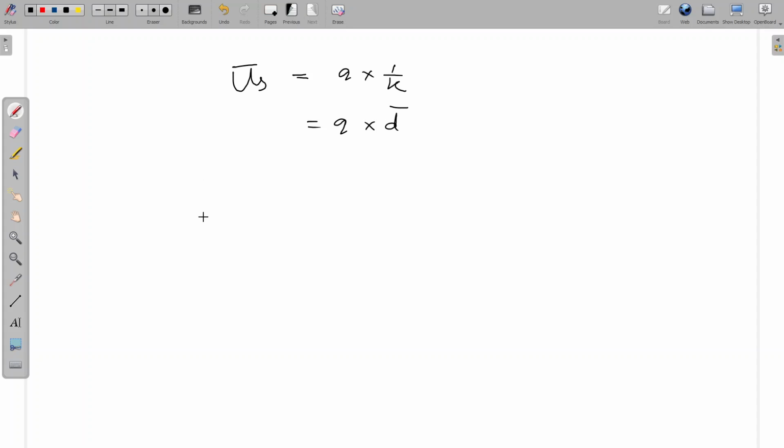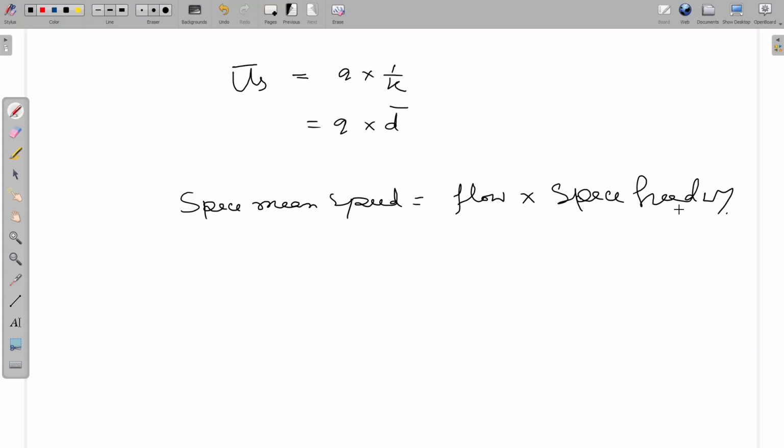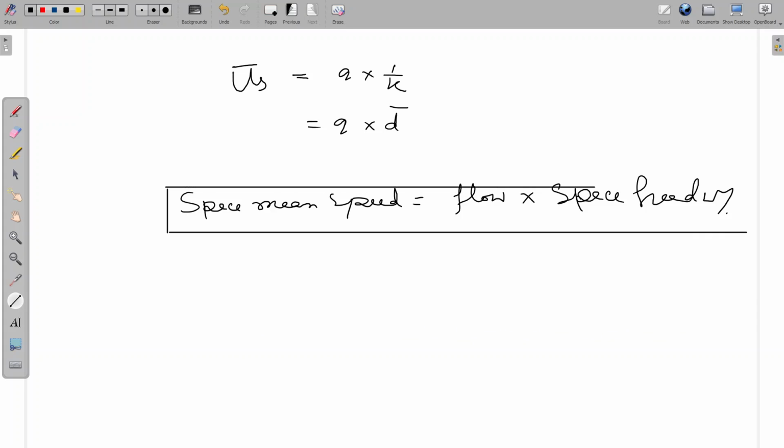We got the relation that space mean speed is equal to flow into space headway. Just remember this is another relationship. We need to know all these relationships, not only for finding the relationship between the density and occupancy.